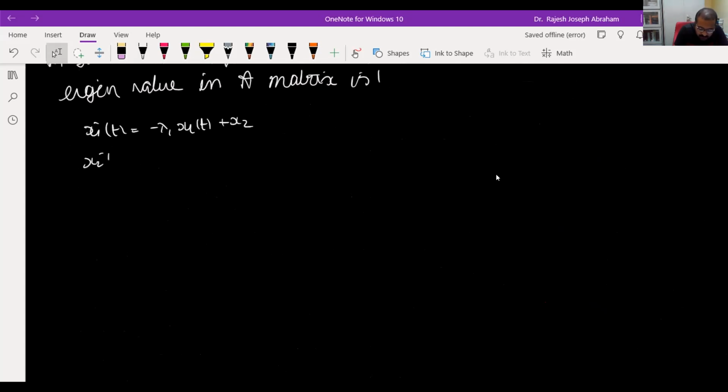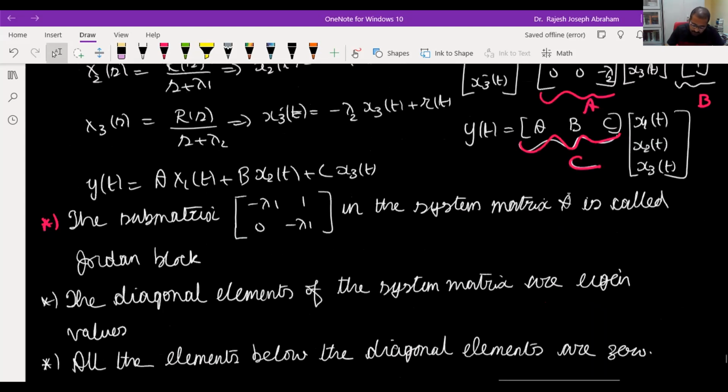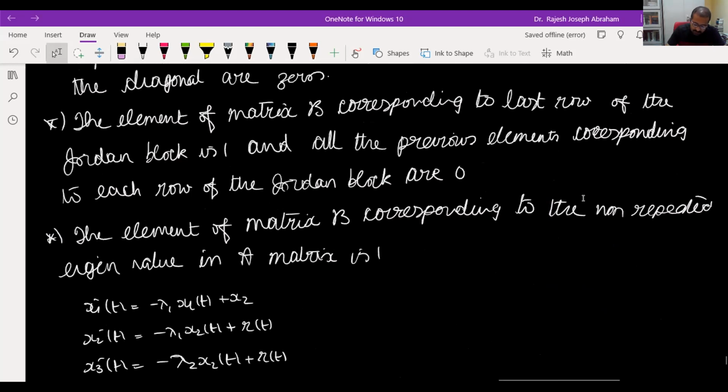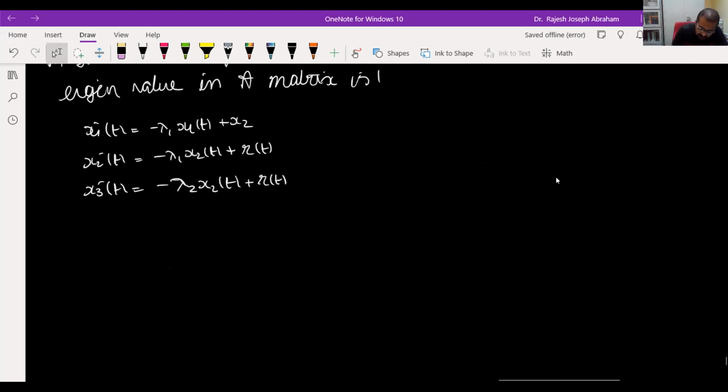Then x2 dot is minus lambda 1 x2 plus r of t, and x3 dot is minus lambda 2 x3 plus r of t.